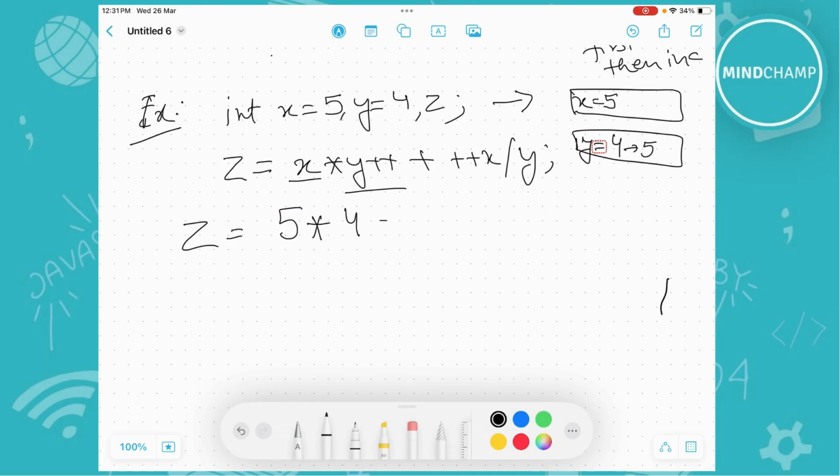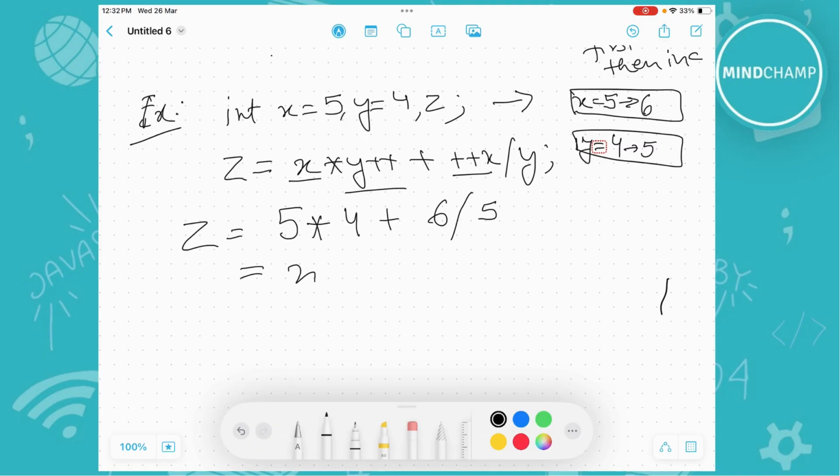So now y has become 5 in the memory, and whatever the next use comes with for the y, it will take it as 5. So 5 into 4 plus, now this is plus plus x. Pre-increment means first increment the value of x in the memory to 6 and then use it. So 6 divided by y, which is 5 here.